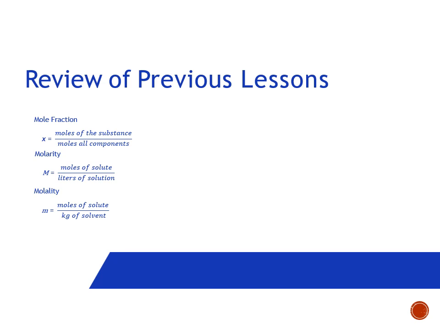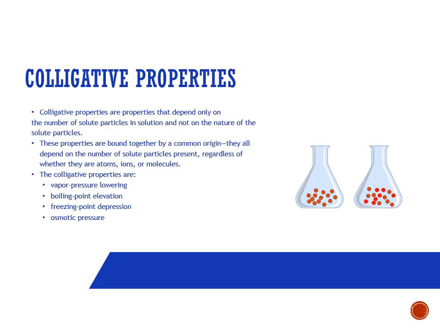So, I'll review from our previous lesson. So, we have known the formula of mole fraction, molality, and molarity. So, colligative properties are properties that depend only on the number of solute particles in solution and not on the nature of the solute particles.